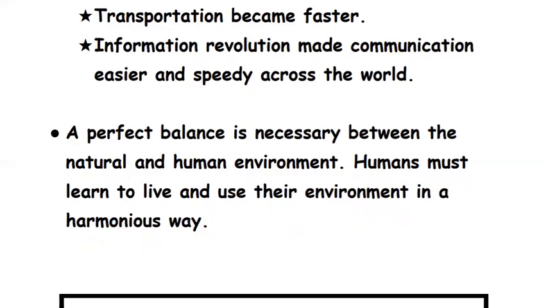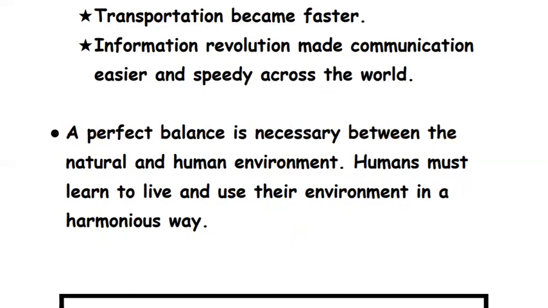So now we've learned about the various components of environments: human, natural. We've learned about the ecosystem. But now we have also learned that humans are also destroying nature. As they are modifying, sometimes they are destroying nature. So a perfect balance is necessary.